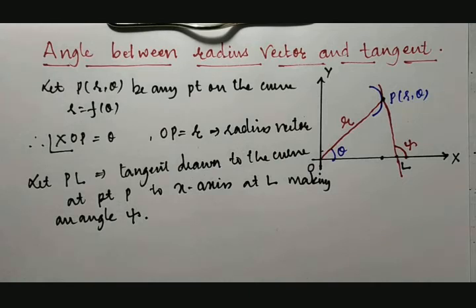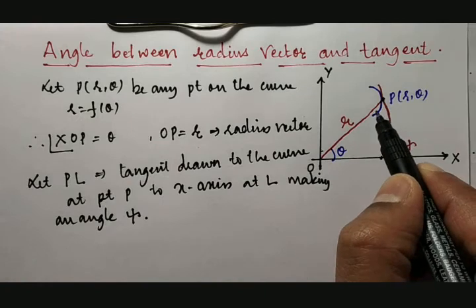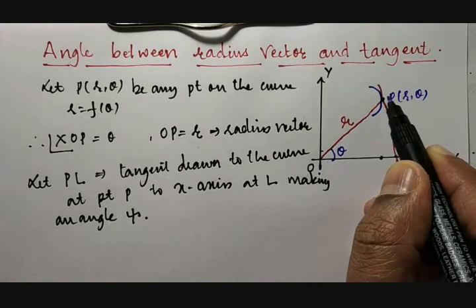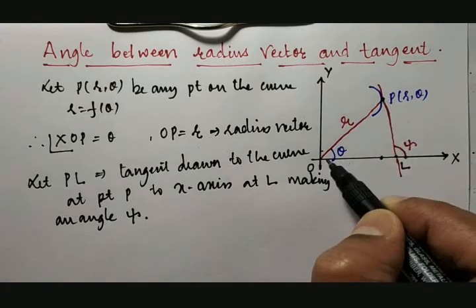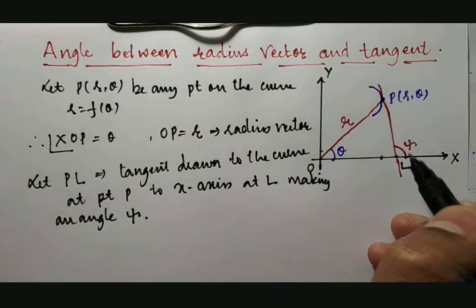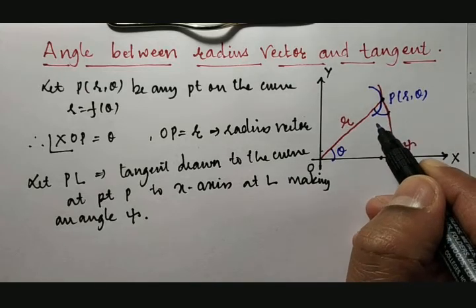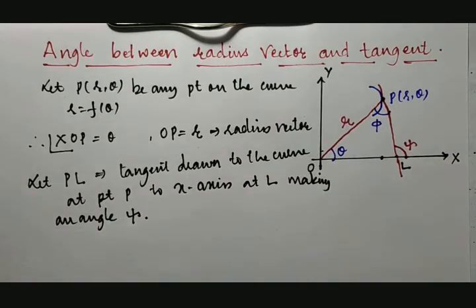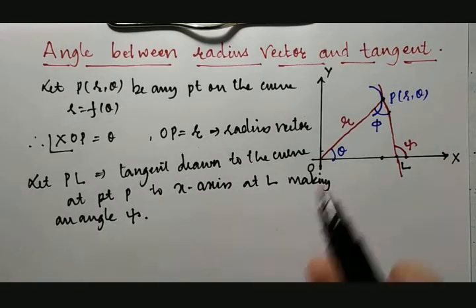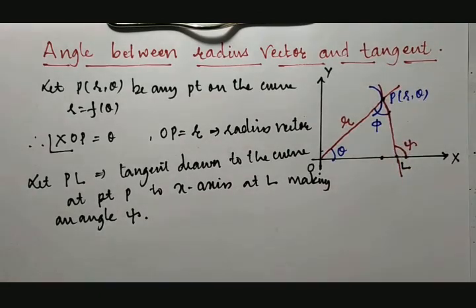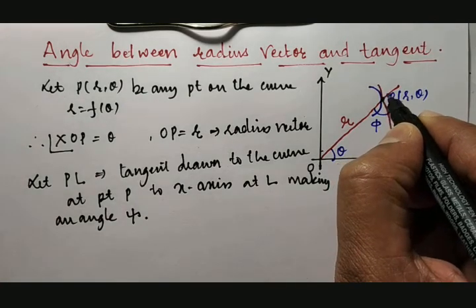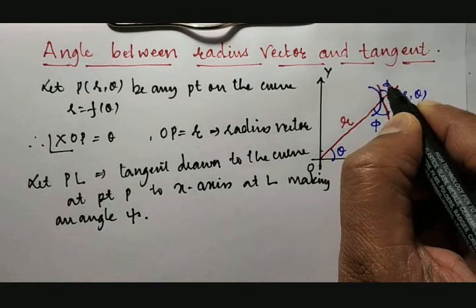And the angle between OP, that is nothing but the radius vector, and this tangent will be treated as phi. Either you take this side or this side, both are same. So the angle between radius vector and tangent will be treated as phi.